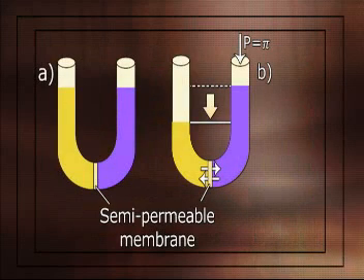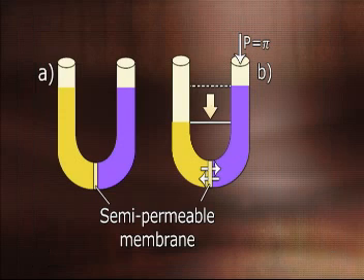Students, in image A of this diagram, there are two solutions that are on equal level. As you can see, the two solutions are separated by a semi-permeable membrane.